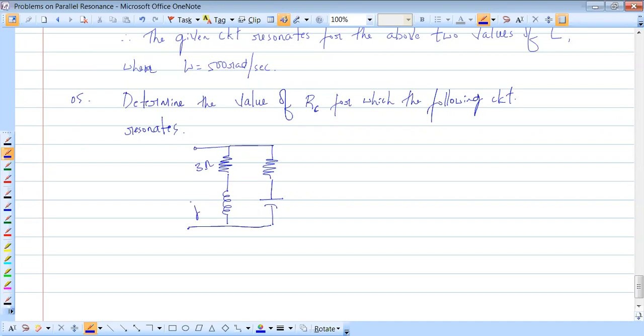This is J12 ohms. This is the R subscript C they are asking us to find out, and the capacitive reactance is given to be minus J12.5 ohms.